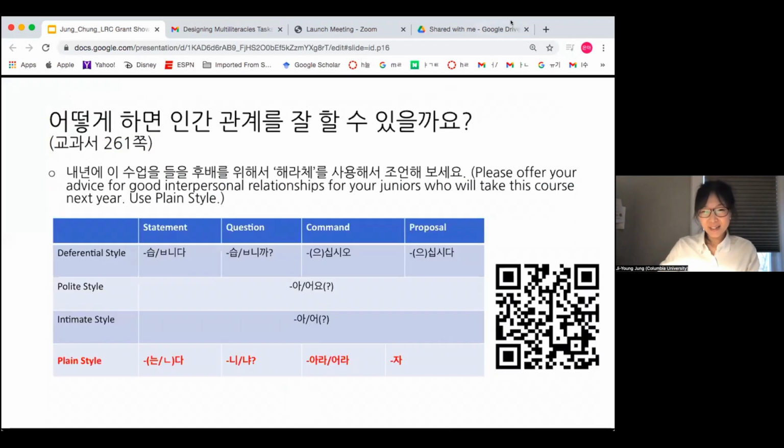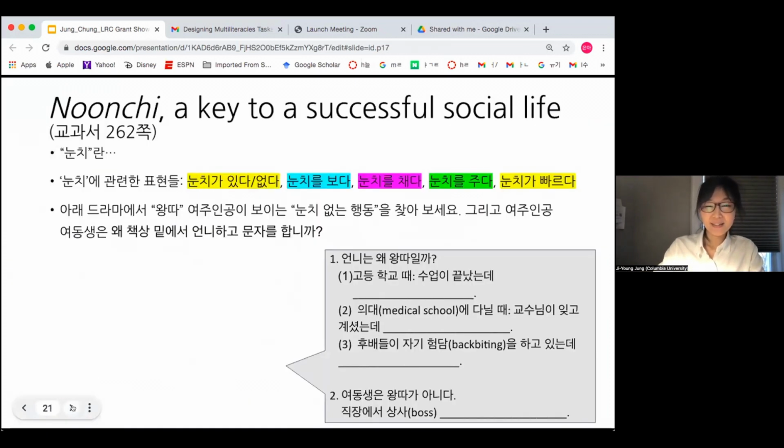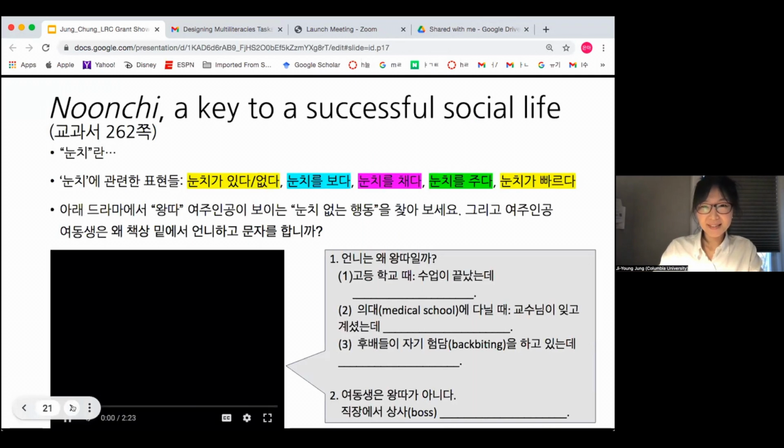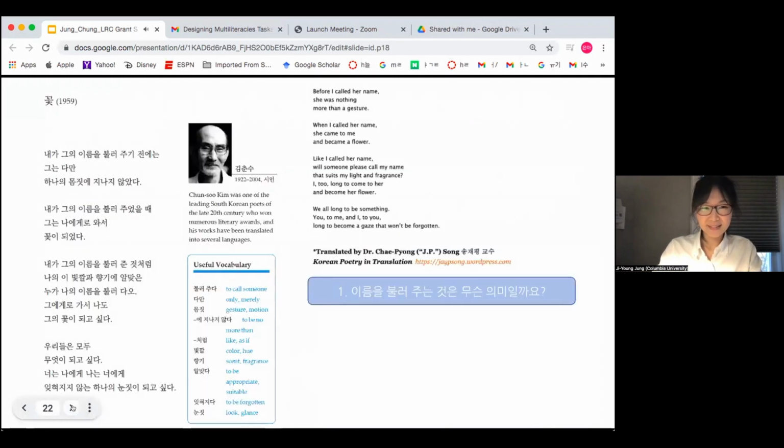Okay, and then while watching the video, they fill in the blanks in the plain style again. And more importantly, this is a very popular poem in Korea, and every Korean knows this poem.